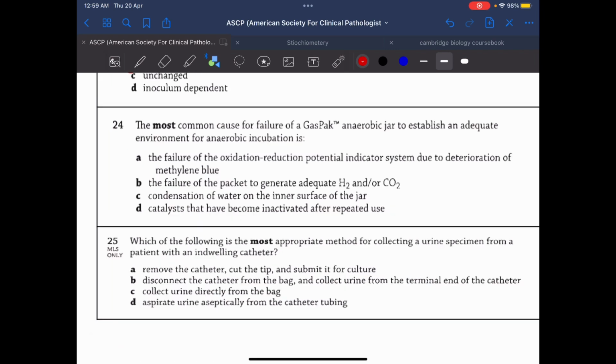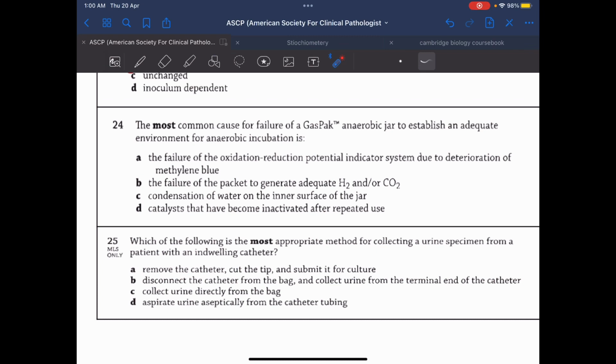Question number 24. The most common causes for failure of a gas bag anaerobic jar to establish an adequate environment for anaerobic incubation are the failure of the oxidation-reduction potential indicator system due to the deterioration of methylene blue, the failure of the packet to generate adequate hydrogen and/or carbon dioxide, condensation of water on the inner surface of the jar, and catalysts that have become inactivated after repeated use.